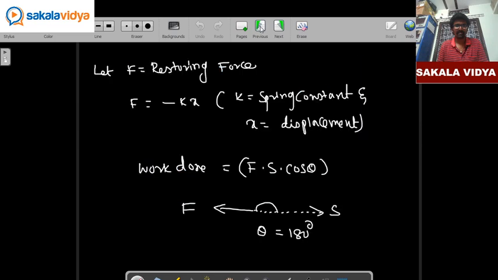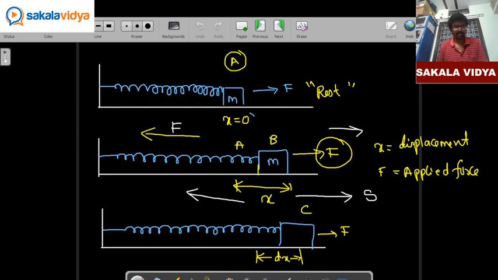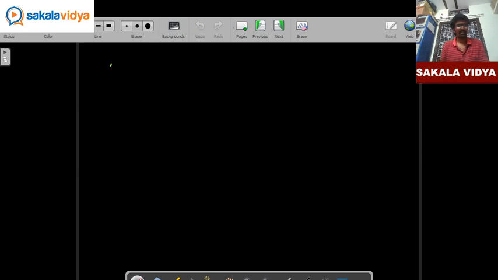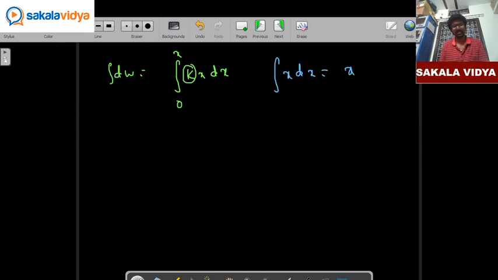If you look here, initially our displacement is 0 and finally it reaches x. So what are the limits we have to apply? Integration from 0 to x. Then our equation becomes integration of dW is equal to integration from 0 to x of kx dx, where k is constant here. It is in the form of integration of x dx, which is x square by 2.